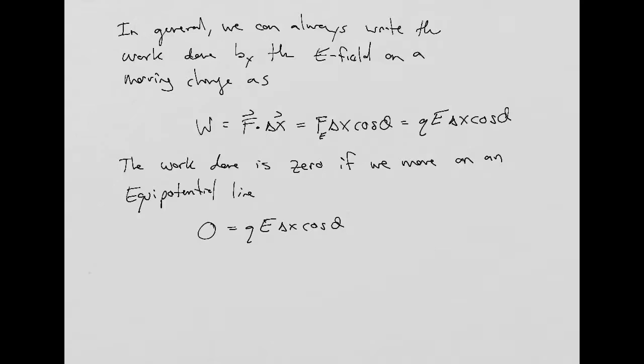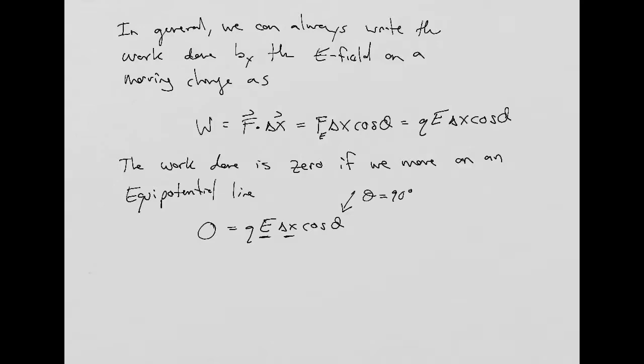But the only way to make this equation equal to 0 is by saying this angle is 90 degrees. If the angle between E and your displacement is 90 degrees, then this equation is true.